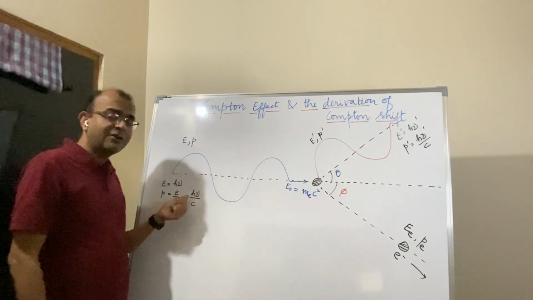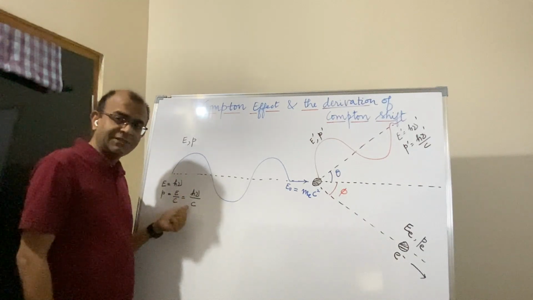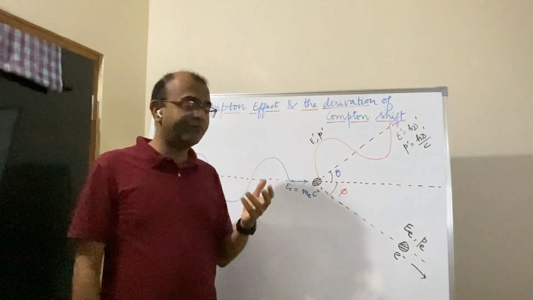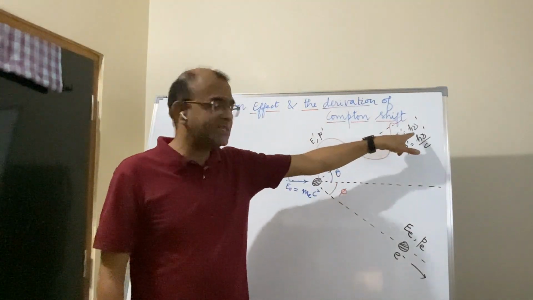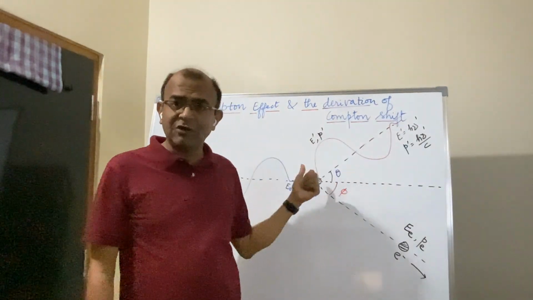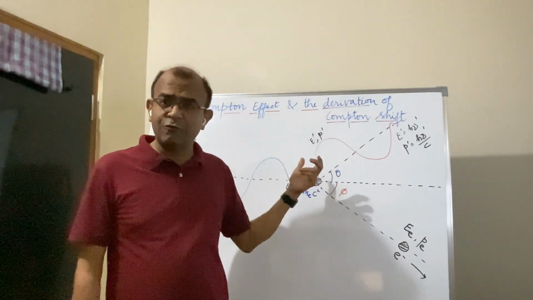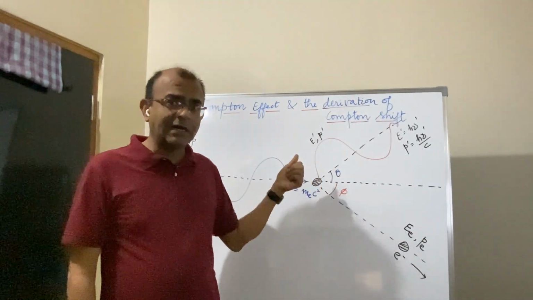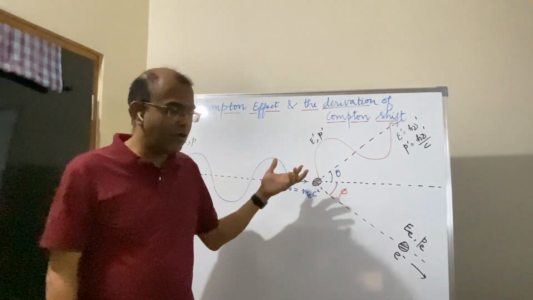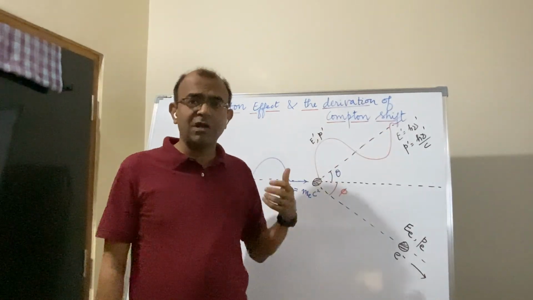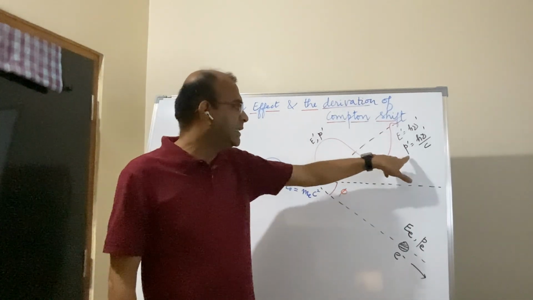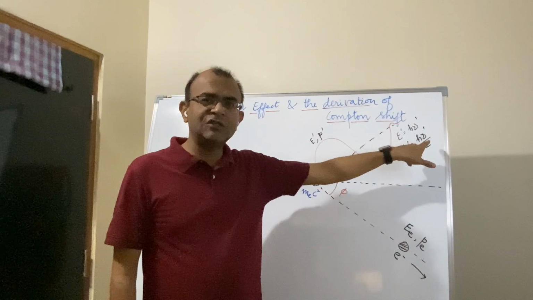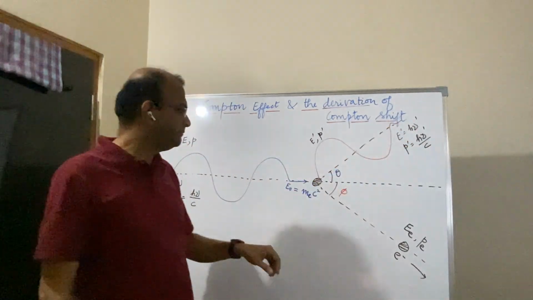Therefore, this can be written as P is equal to h nu over c. Whereas for the scattered photon, the energy E prime is equal to h nu prime, because it has a different wavelength and therefore different frequency. If lambda prime is the wavelength of the scattered photon, then its frequency can be nu prime. The momentum P prime of the scattered photon is equal to h nu prime over c.